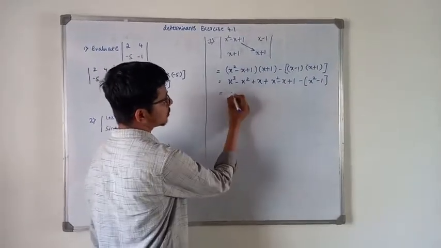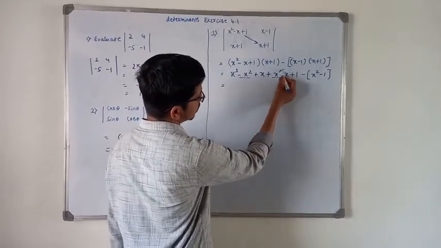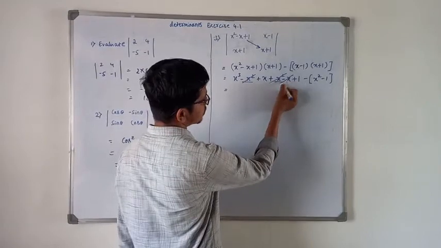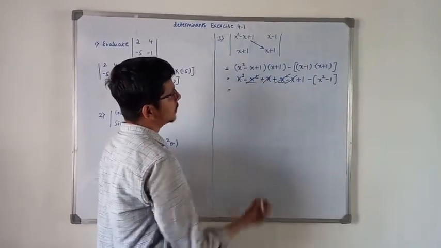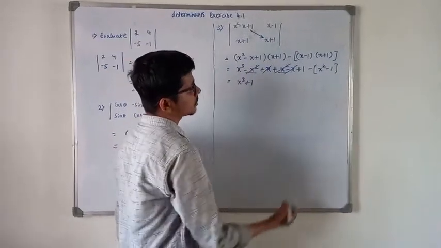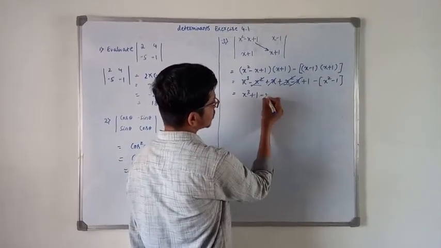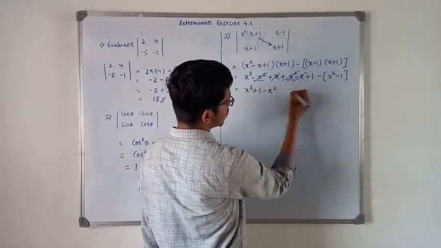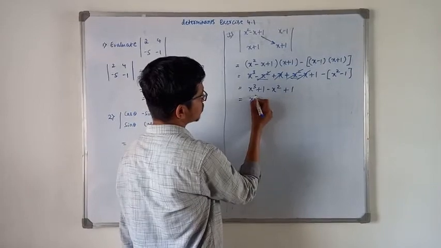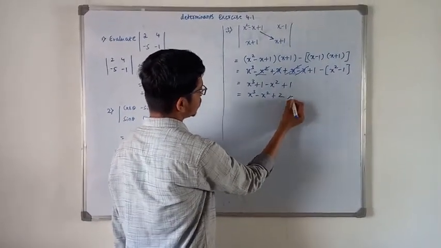Observe that minus x square and plus x square get cancelled, plus x and minus x get cancelled. The remaining is x cube plus 1. Followed by the minus sign, that is minus x square, minus into minus is plus 1. That is equal to x cube minus x square plus 2 is your answer.